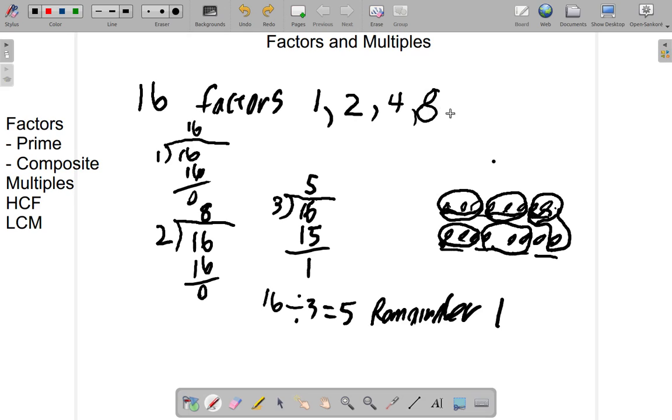Any other? The only factor left is 16. So the factors of 16 are 1, 2, 4, 8, and 16. Good.